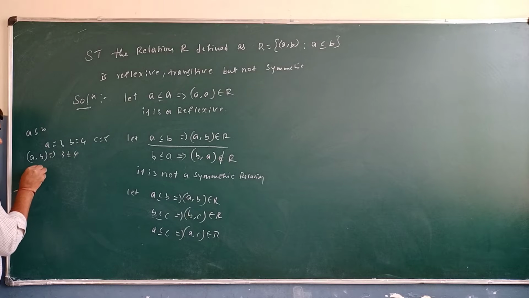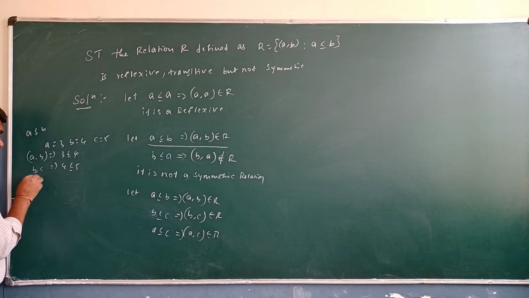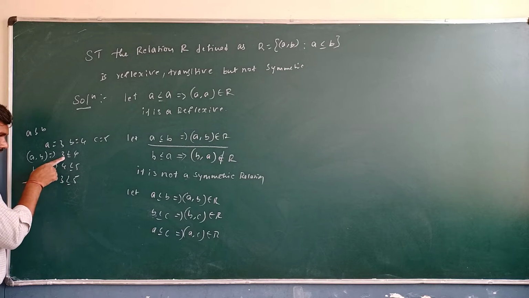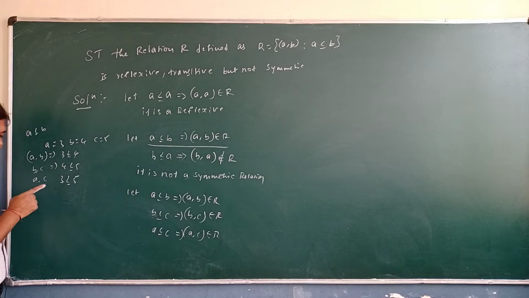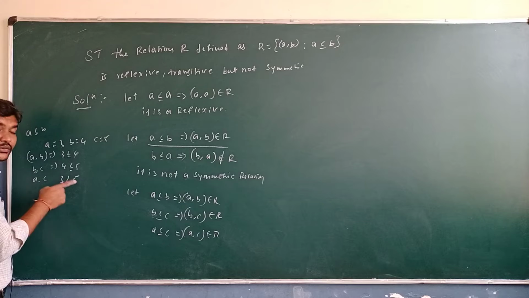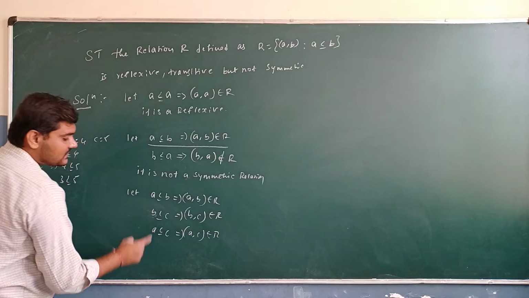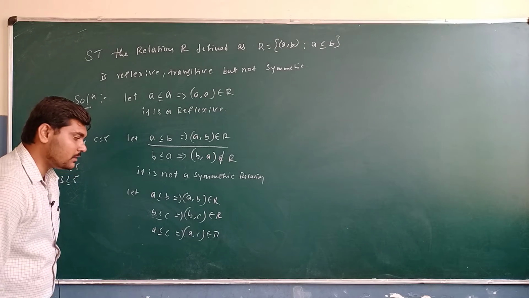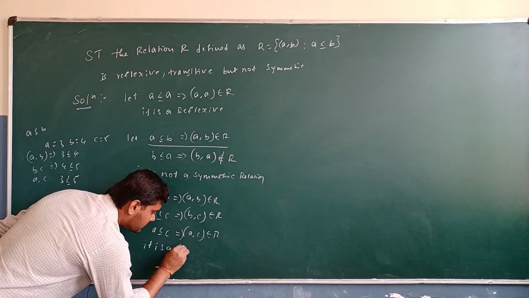What about (b, c)? 4 is less than or equal to 5. And what about (a, c)? 3 is less than or equal to 5. 3 is smaller than 4, 4 is smaller than 5, then 3 is also less than or equal to 5. Then it satisfies a less than or equal to c, which implies that (a, c) belongs to R. Therefore it is a transitive relation.